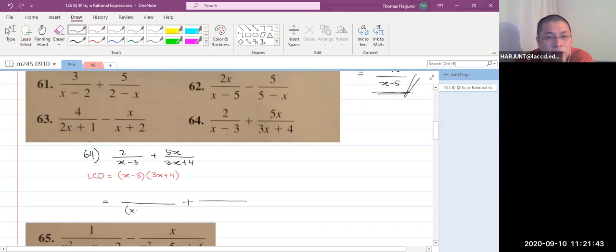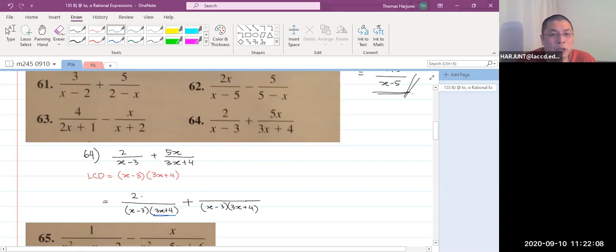It will be x minus 3 times 3x plus 4, x minus 3 times 3x plus 4. On the numerator, originally I have the 2, but I have 3x plus 4, the new one on the denominator.